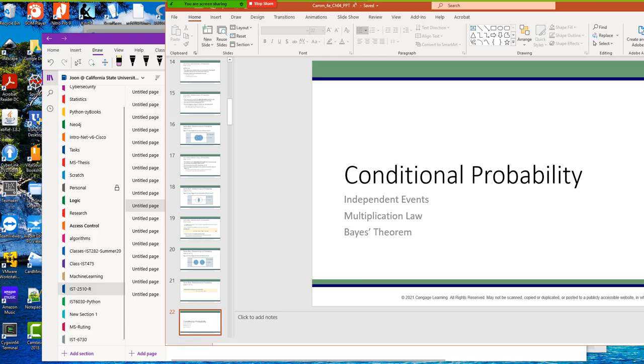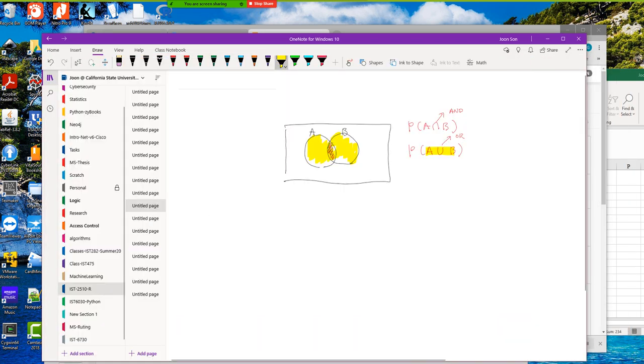So, for example, this is the event, assuming that there is an intersection between A and B. If, however, event A and event B are mutually exclusive, right?